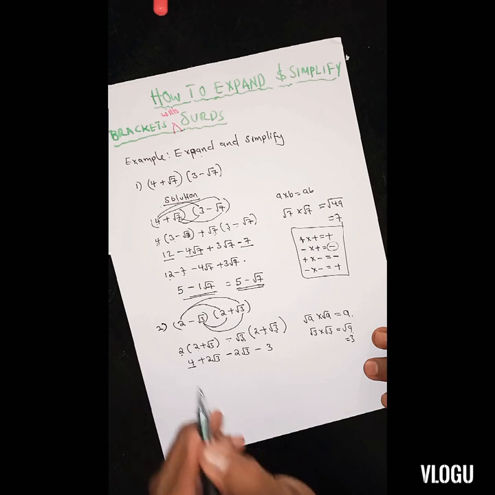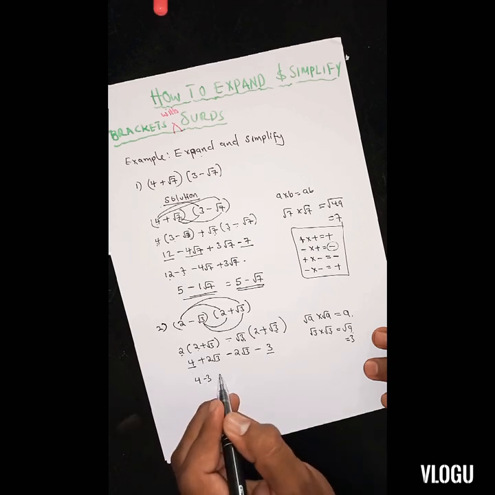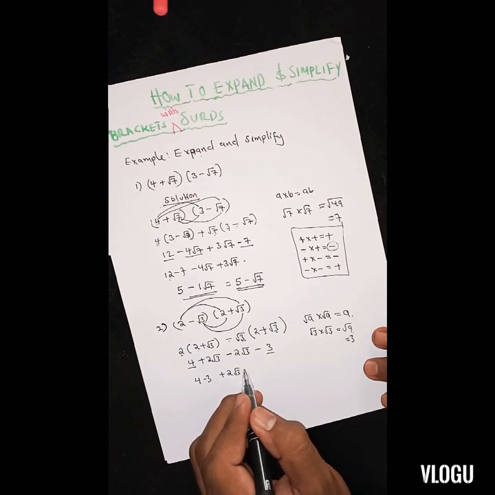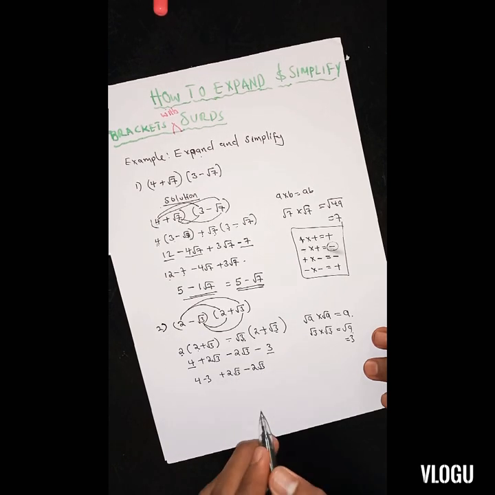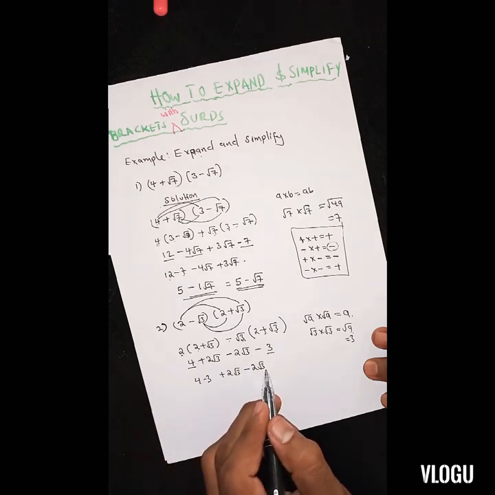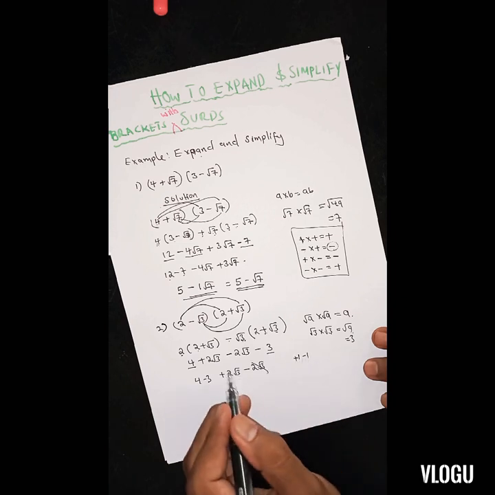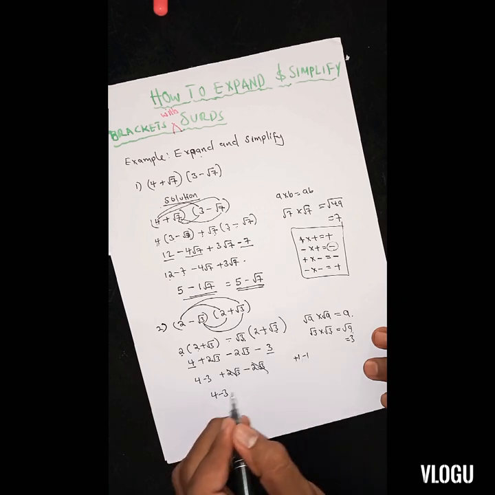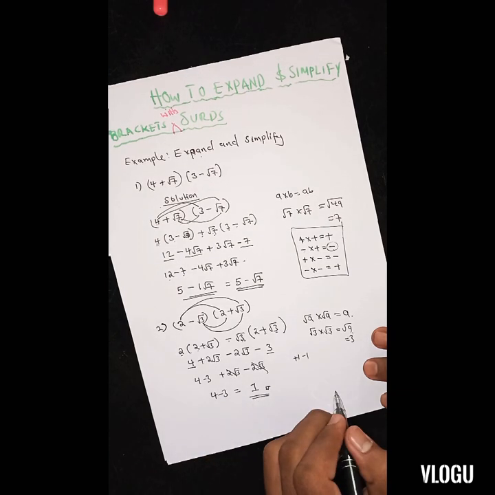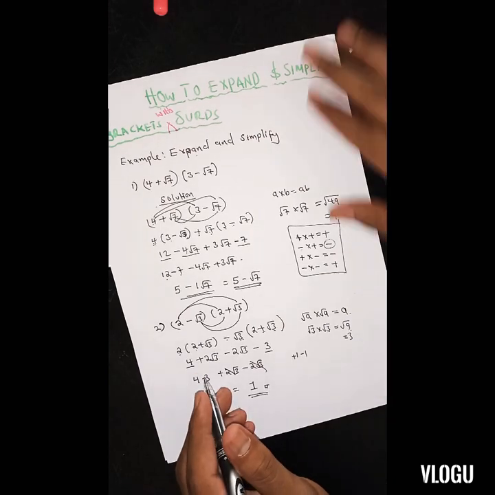Let's check the numbers. We have positive 4 minus 3. Then we have the surds, 2 root 3 minus 2 root 3. Very simple. Plus 2 root 3 minus 2 root 3, it cancels each other. So we'll end up having 4 minus 3, which is 1. I hope that is clear. Now let's go to another example.